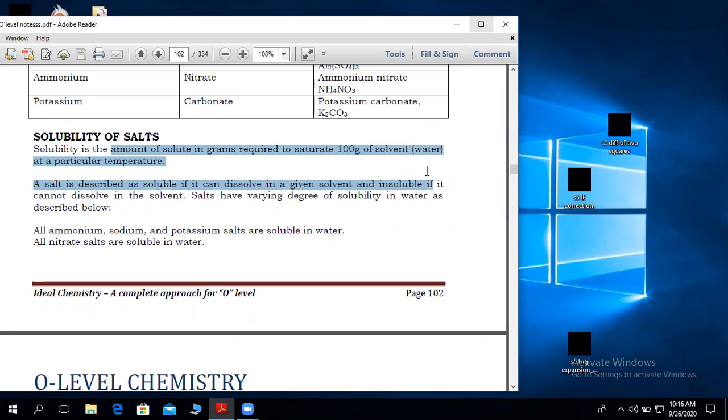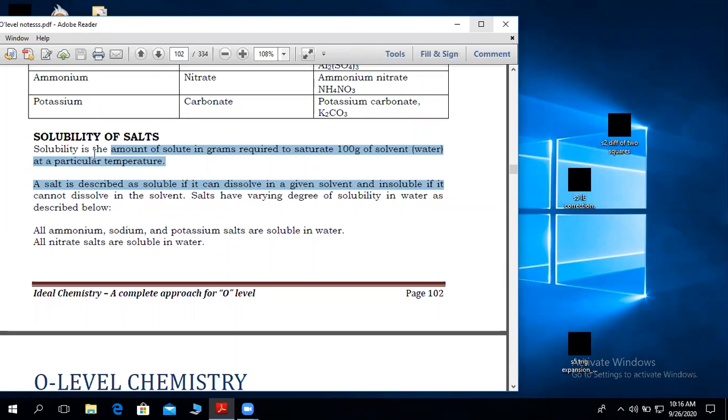There will be one calculation on solubility at least, but it will be very simple, so you'll pass it. And you must complete the definition by saying at a particular temperature. Why? Because solubility changes with temperature.